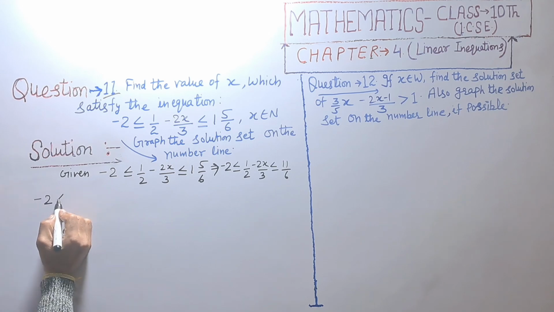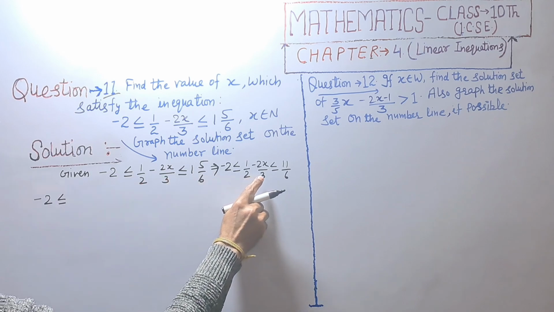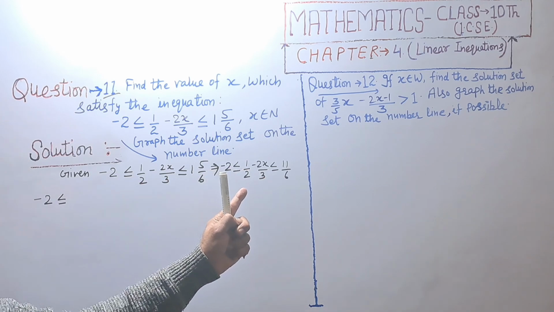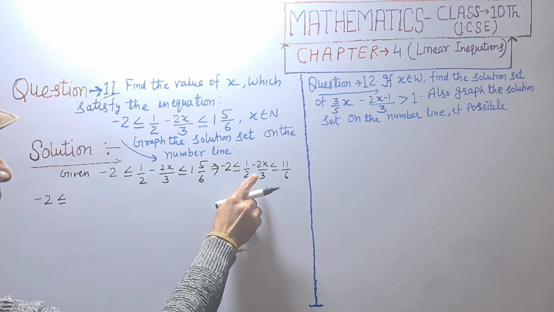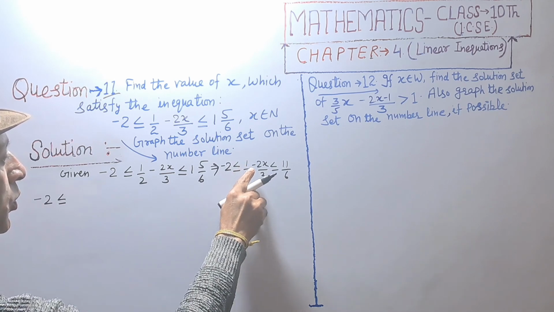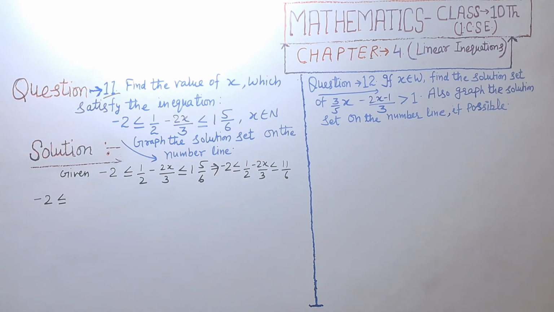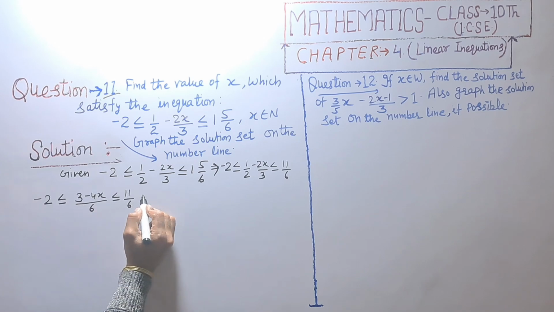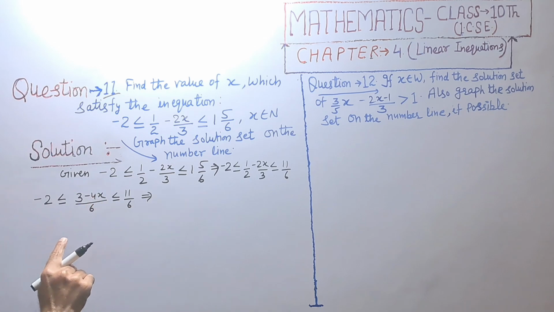The LCM of 2 and 3 is 6. 3 multiplied by 1, and 2 multiplied by -2x gives -4x, so we get (3 − 4x)/6 ≤ 11/6.